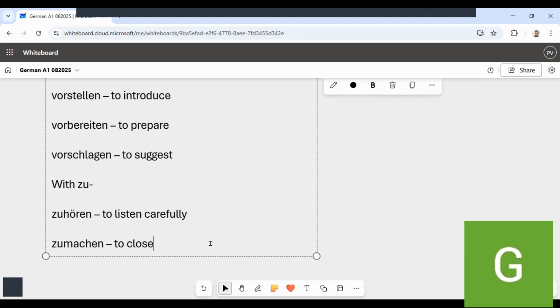Zumachen, I already discussed, is to close. So this was Trennbar verbs. Please memorize and practice. Try to frame some sentences with Trennbar verbs.